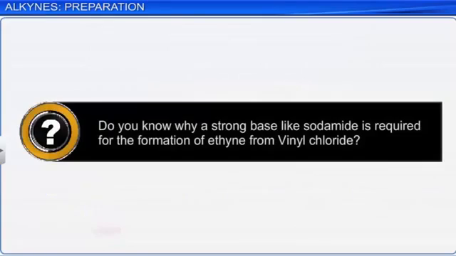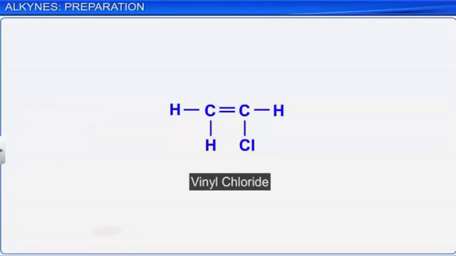Do you know why a strong base like sodamide is required for the formation of ethine from vinyl chloride? As the chlorine atom is directly attached to double-bonded carbon atom in vinyl chloride, it is made highly unreactive.